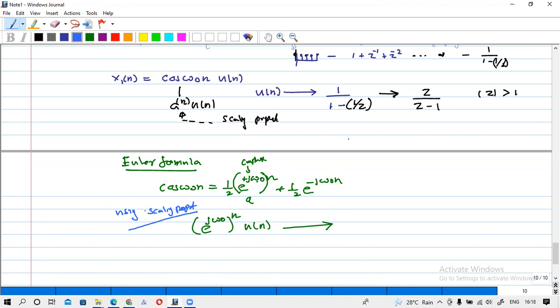If I use the scaling property, it will come. The scaling property said that instead of z, we have to use z divided by a. Can you remember that is the scaling property?